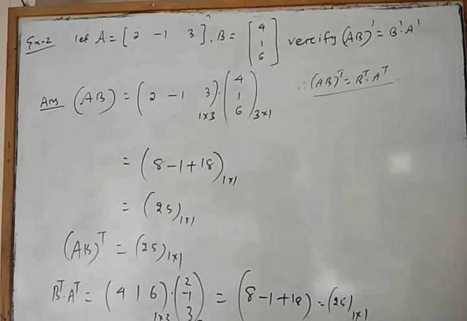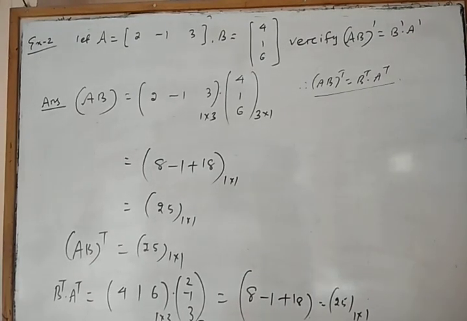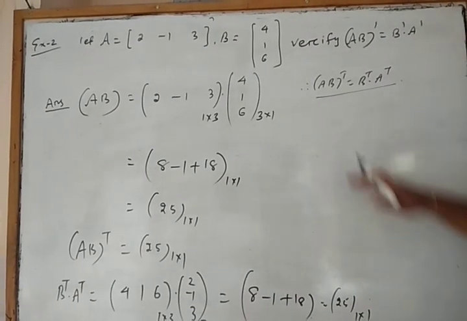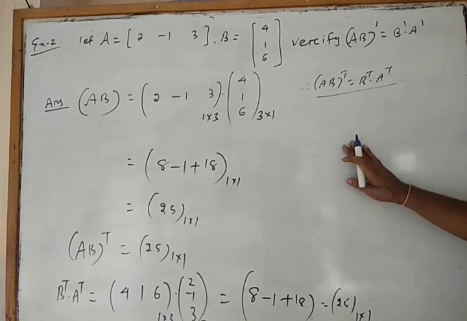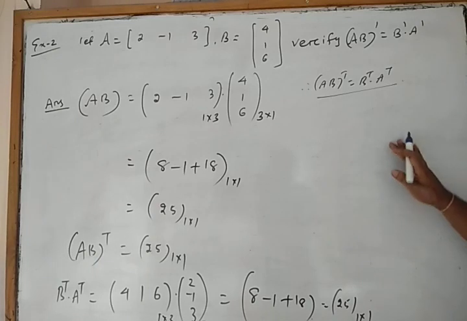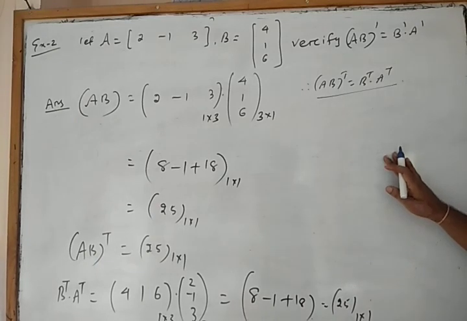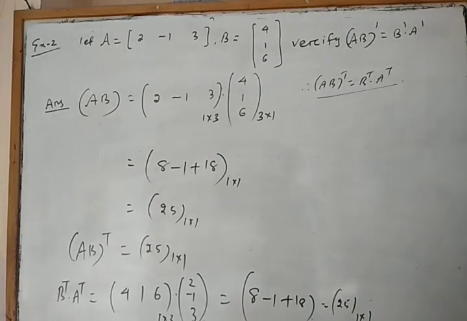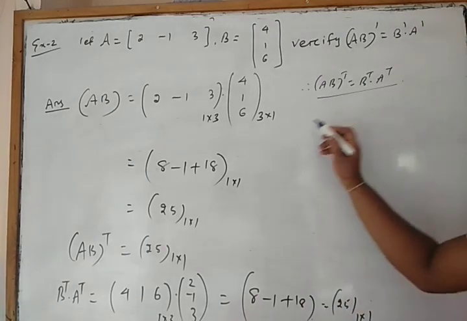So in this way you have to verify AB transpose equal to B transpose into A transpose, or you can examine A plus B whole transpose equal to A transpose plus B transpose, or A transpose whole transpose equal to A. And next, skew symmetric matrix.